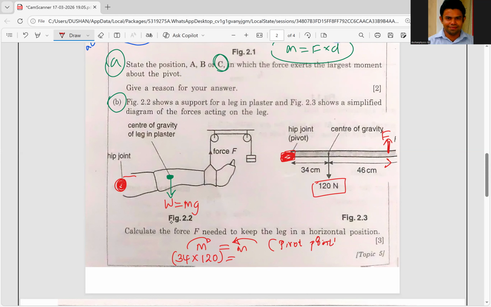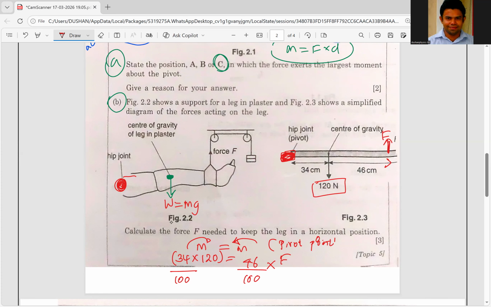You can simply write 34 centimeters, but it is better to write it in meters. Even without converting into meters, we still get the same answer, because on the other side there is 46, and dividing by 100, the 100 cancels. Understood? Yes, sir.